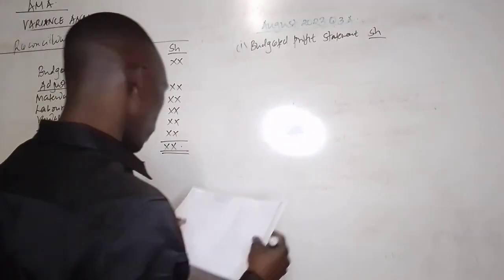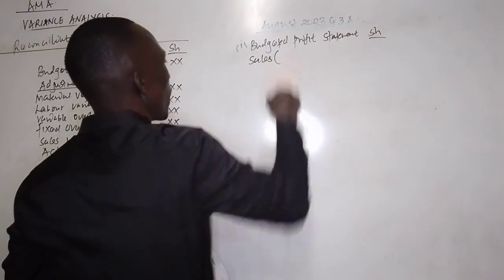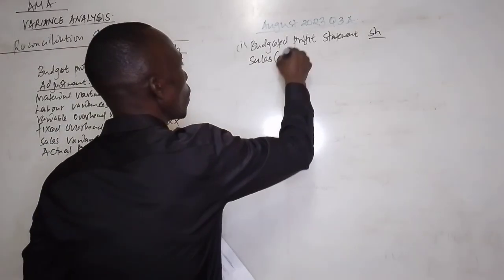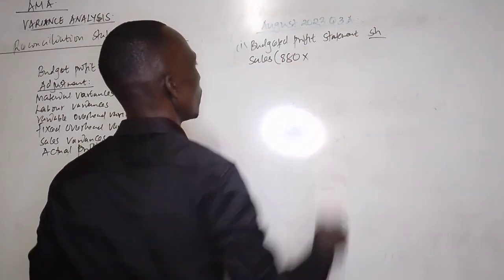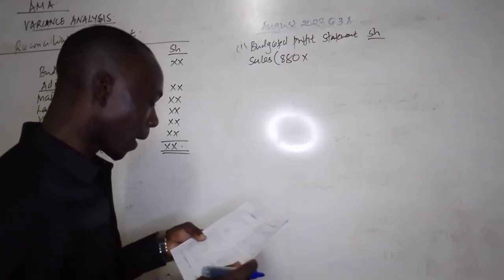So this budgeted profit statement, we will start with the sales. And how do you get the total sales? You take the selling price, which we are given is 800, we multiply by the number of units budgeted.